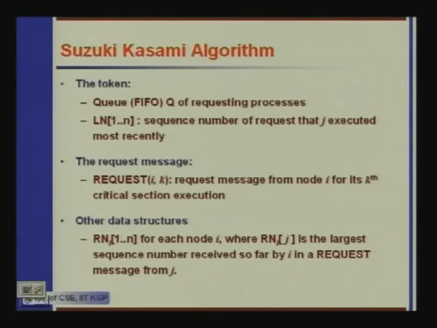Okay. And then there is another array called the LN array. I will explain what this is. LN[j] is the sequence number of the request that j executed most recently.